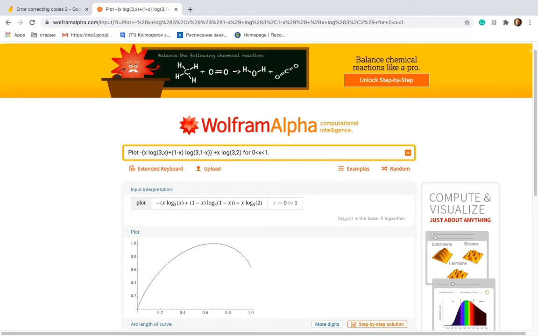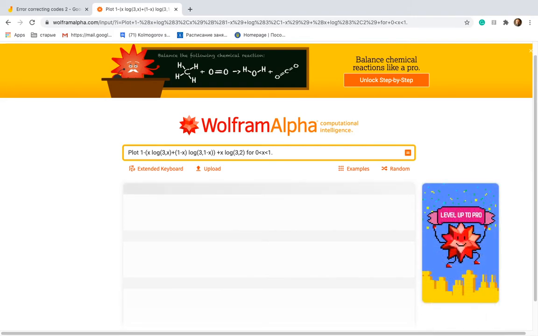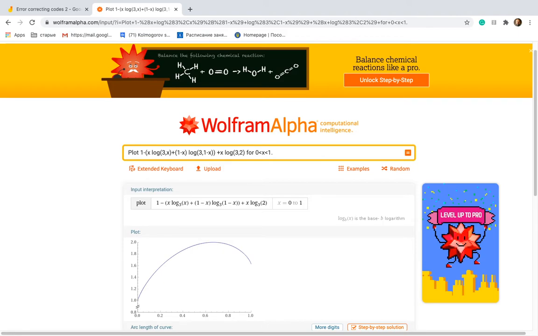So we obtain the following graph, and when we are interested in, say, the Gilbert bound for the three-letter alphabet, we need to plot 1 minus this function, and we see something wrong. Let's see. 1 minus, again minus.